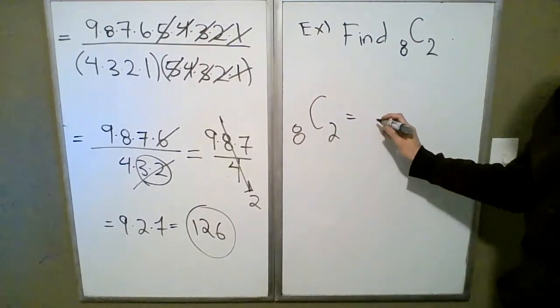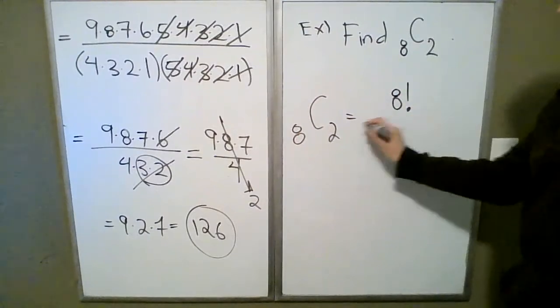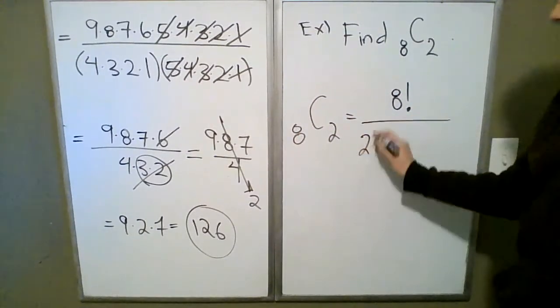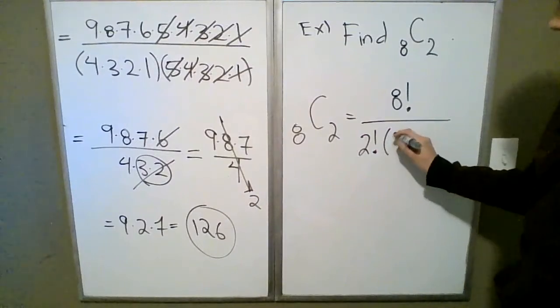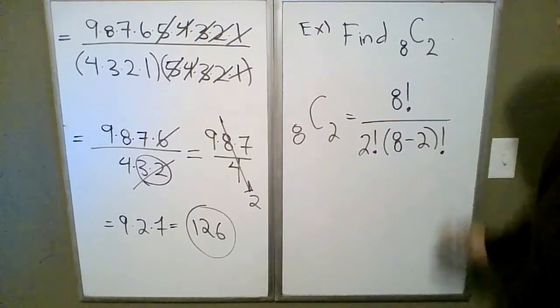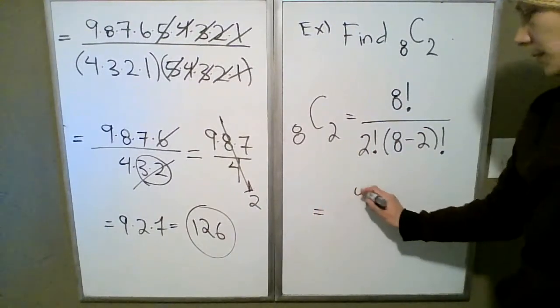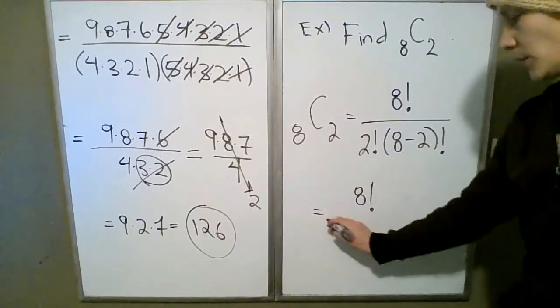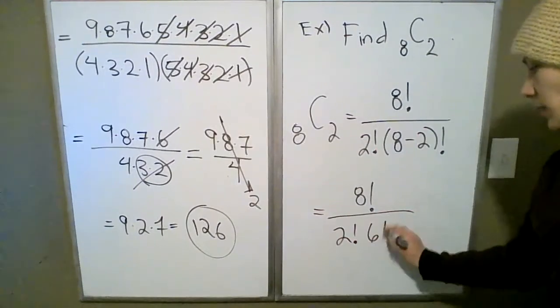The number of options are 8 factorial, divided by 2 factorial, that's multiplied with 8 minus 2 factorial. So far, it's 8 factorial over 2 factorial multiplied with 6 factorial.